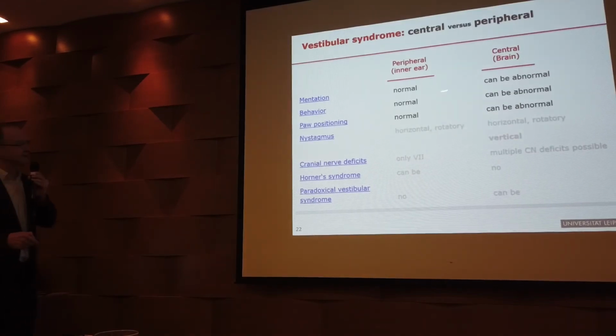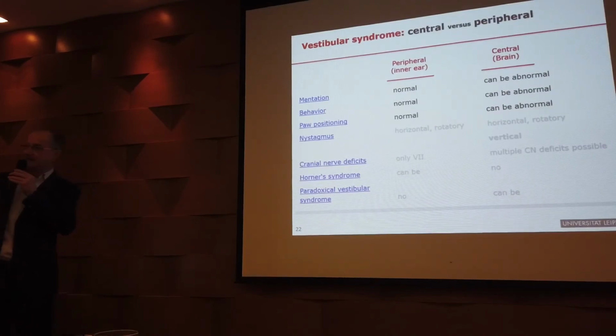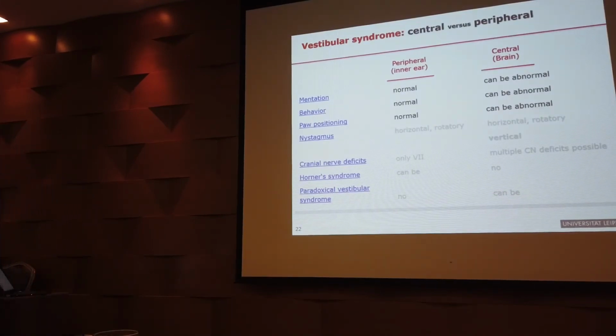The very first thing, if you look at those three lines at the top: obviously, if the brain is not affected, then we have a normal mentation, normal behavior, and normal postural reactions, the conscious proprioception, everything is normal. Once the brain is affected, depending on where the localization of the lesion is exactly, all those can be abnormal.